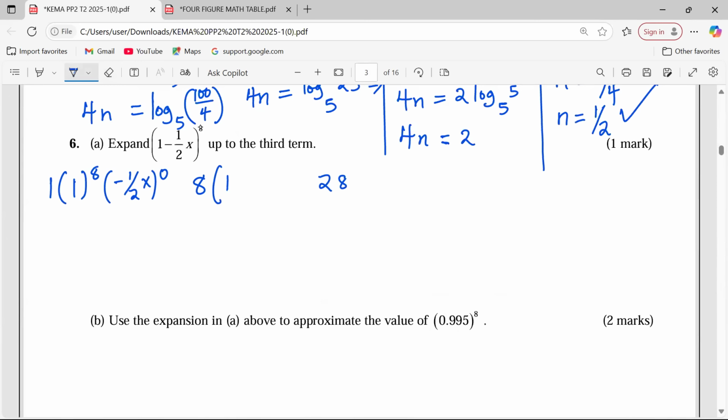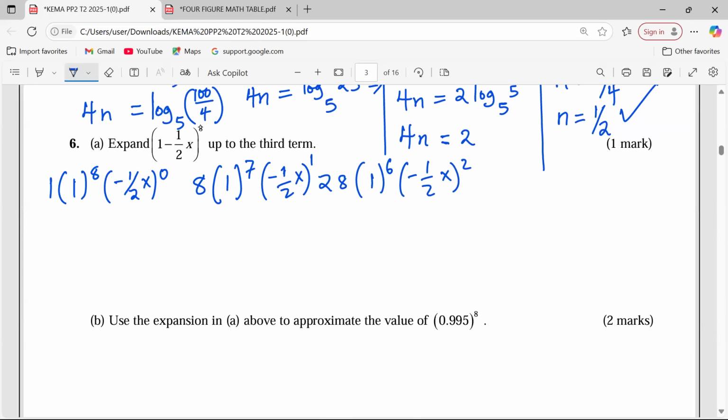In the next term, 1 takes up power 7, and negative 1 over 2 x takes up power 1. And in the third term, 1 is going to go down to power 6, as negative half x assumes power 2. So the powers of 1 begins from 8 and continues to descend all the way to power 0, as the powers of negative half x begin from 0, then start to ascend all the way to power 8.